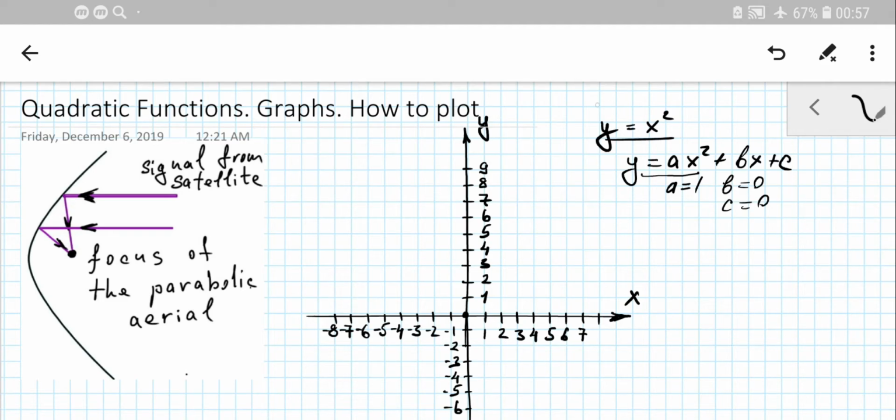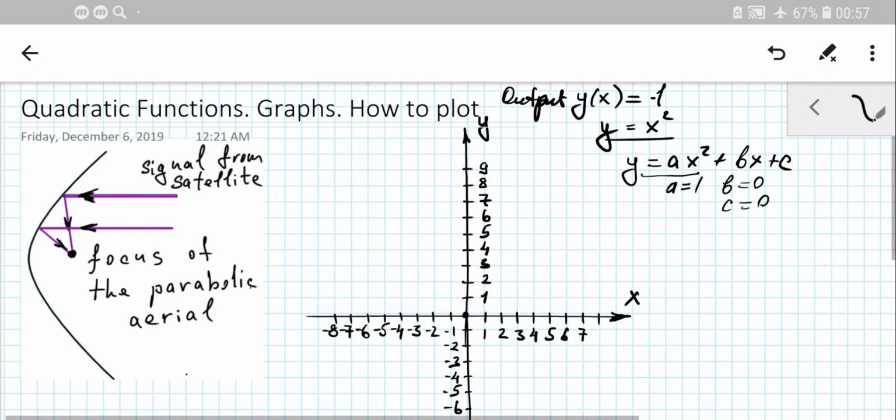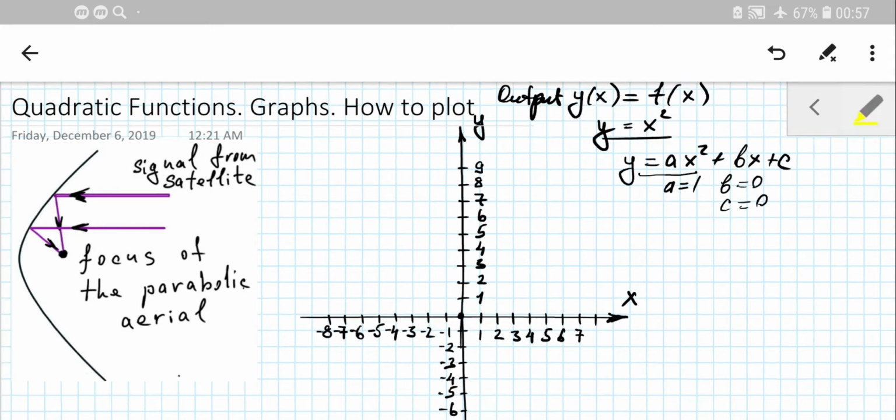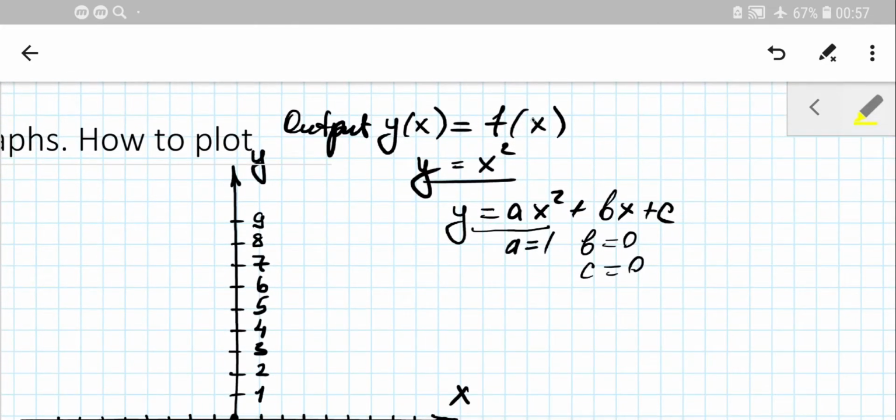Just remember from general function theory that y is the output, while your function f takes an input. In our case, the input is x. It goes into a specific function rule, which squares it, and then we get the output value.